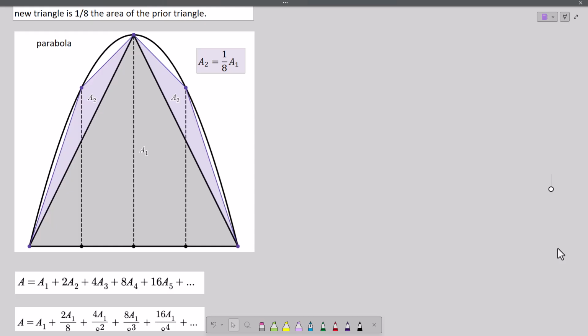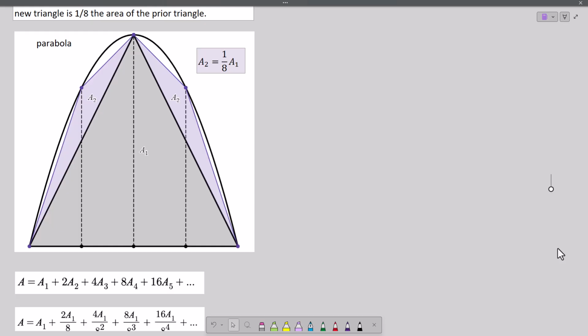The part that makes it amazing, and you can calculate this, I'm not going to do it because it's a pain in the neck, is that the area of these a sub 2 triangles is exactly 1/8 the area of the first triangle. So when this was first discovered, you'd have to draw something very accurate and very large so you can see what's going on.